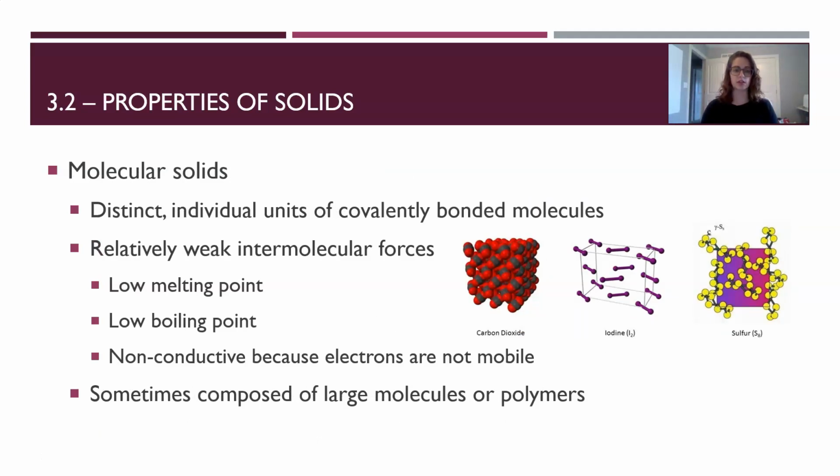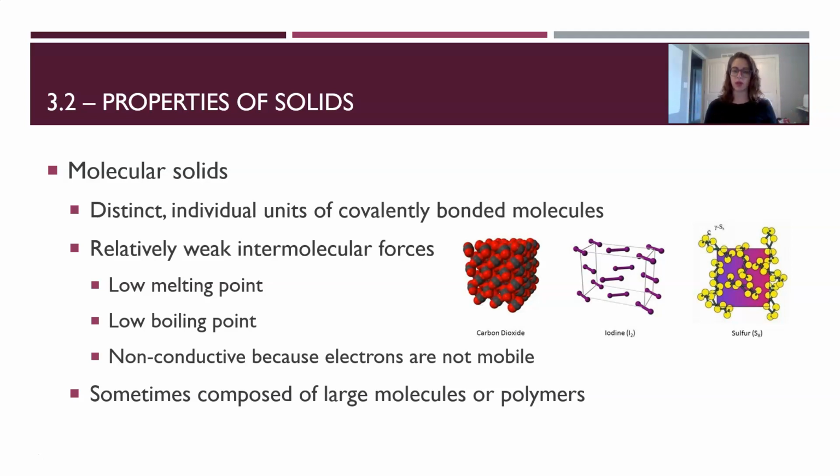Our next type of solids are molecular solids. So these are solids where they have distinct individual units of covalently bonded molecules. So they're held in solid form by relatively weak intermolecular forces. So we get solid carbon dioxide when it's really, really cold. Okay, so we get solid sulfur at room temperature. However, they're still relatively weak intermolecular forces.